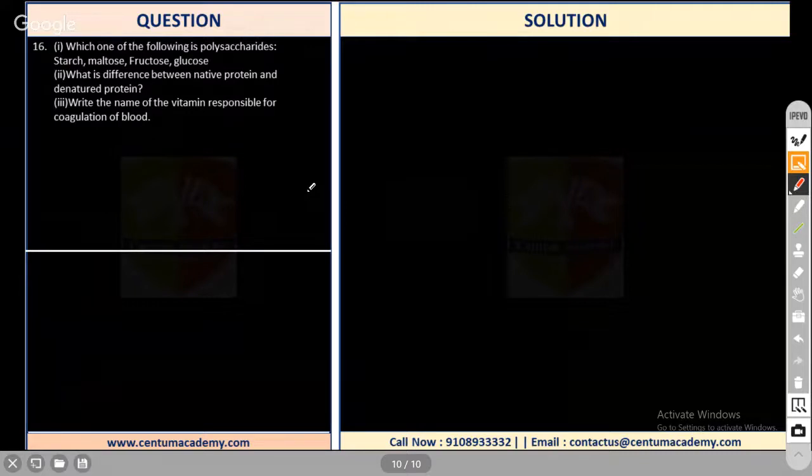Second one, what is the difference between native protein and denatured protein? Tell me. See, native protein has a definite structure, right? And it performs its biological activity.